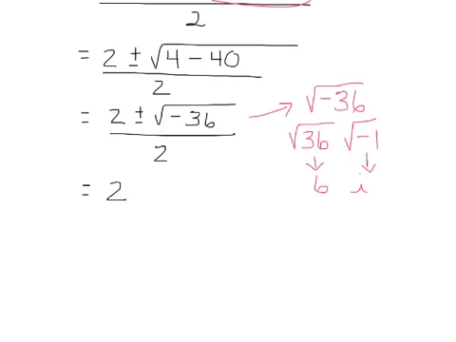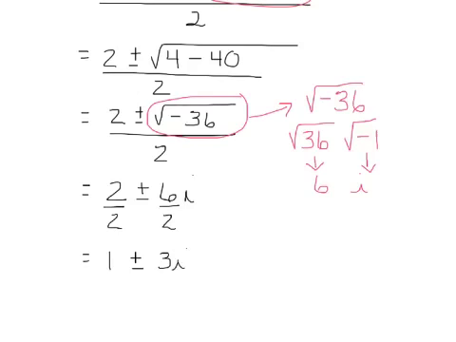So when we reduce that radical, this entire thing reduces to 6i. And now, because it's imaginary, I'm going to separate this and divide each term by the 2. So 2 divided by 2 in front gets us 1, plus or minus 6 divided by 2, 3i.